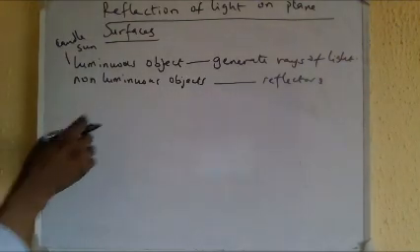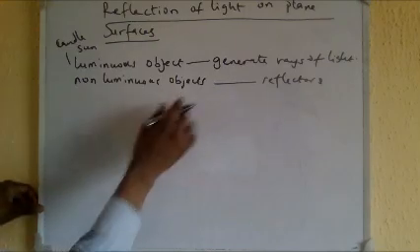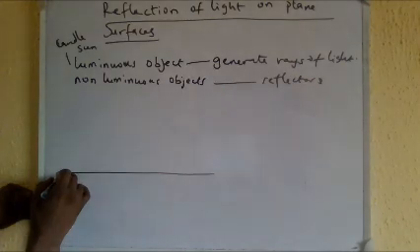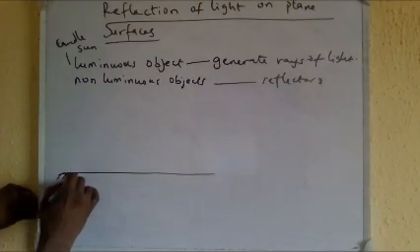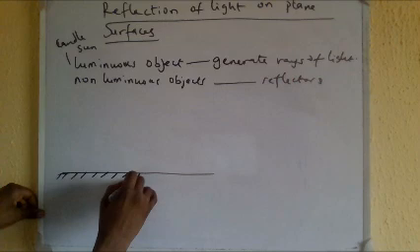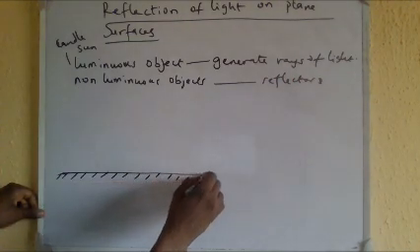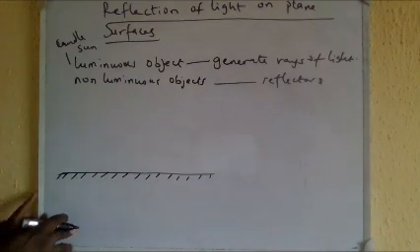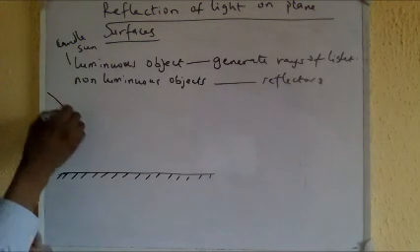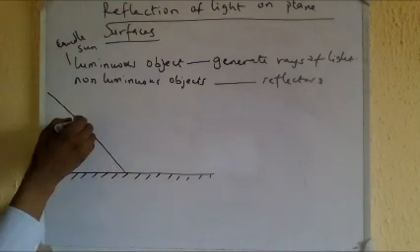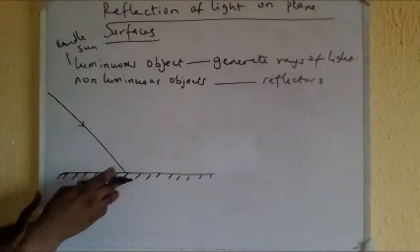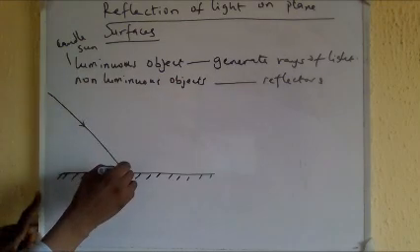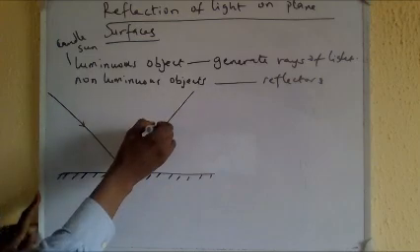If, for instance, a non-luminous object is very smooth, I want to use this plane. So the ray of light falling on this object, because this object is a non-luminous object, it will reflect the light or the ray.